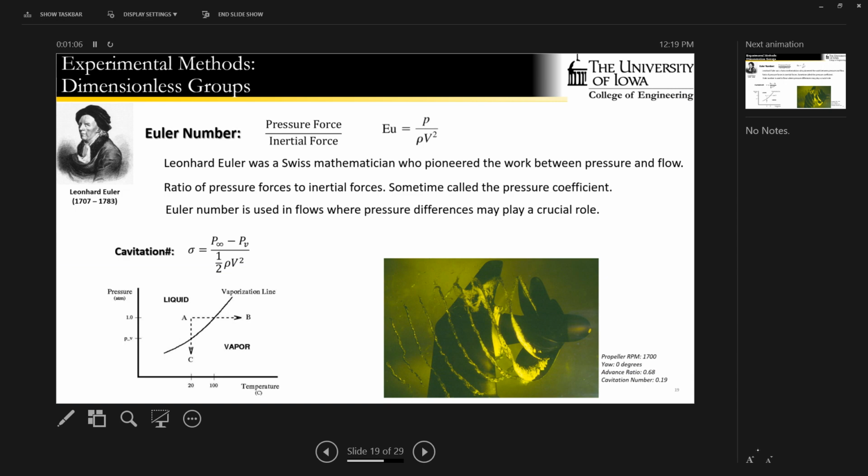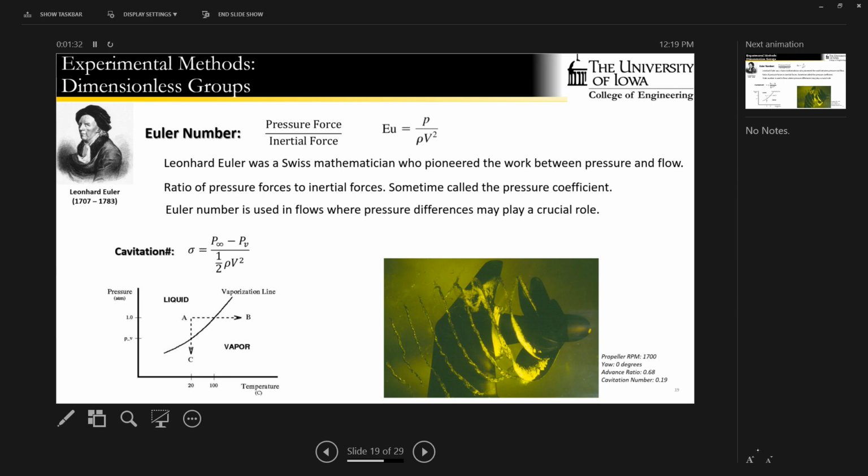The Euler number is another one that we get to later. This is defined as the pressure at a point over rho v squared. And there's a special form of this called the cavitation number, where the pressure is replaced with a pressure difference between the pressure at some point in the flow and the vapor pressure of the fluid, divided by 1/2 rho v squared.